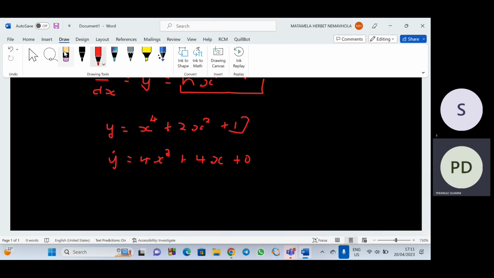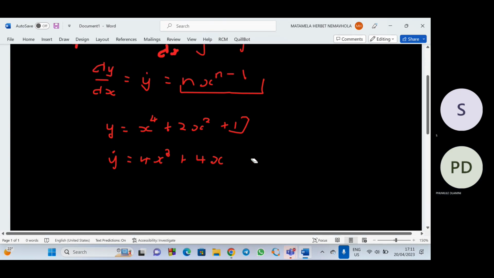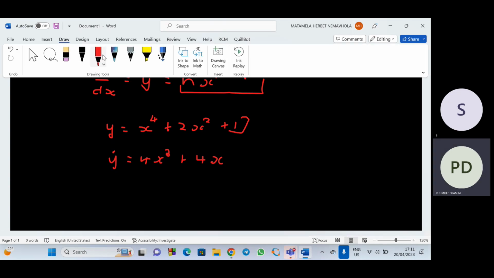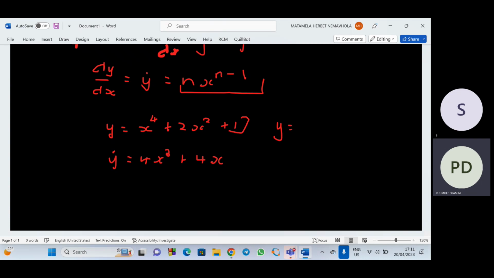Now, sometimes you might be given a question where y equals x to the power negative 3 minus 3x to the power 4. If you want to differentiate this equation, your negative 3 will come down.